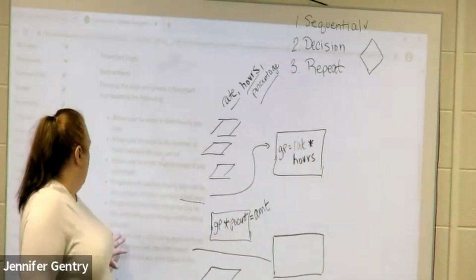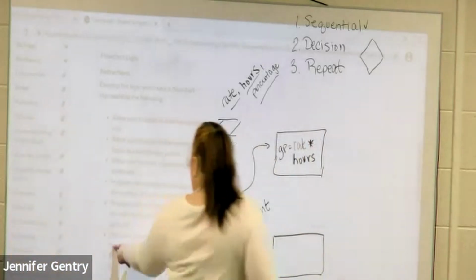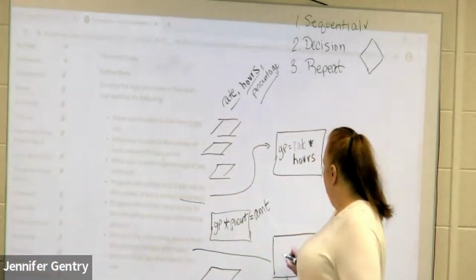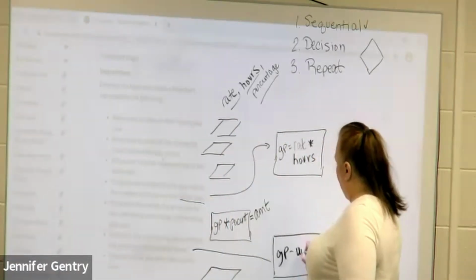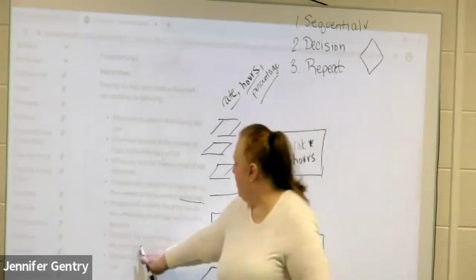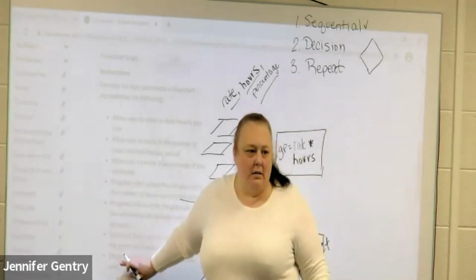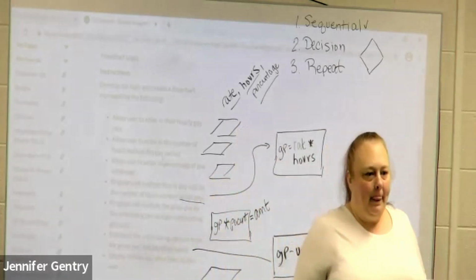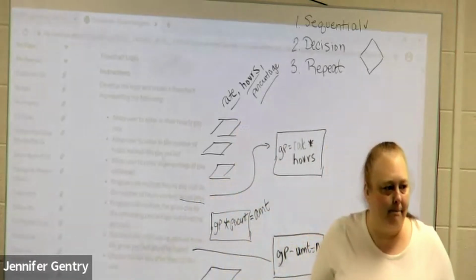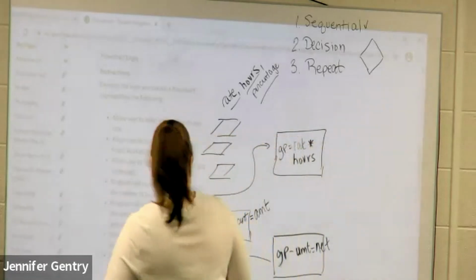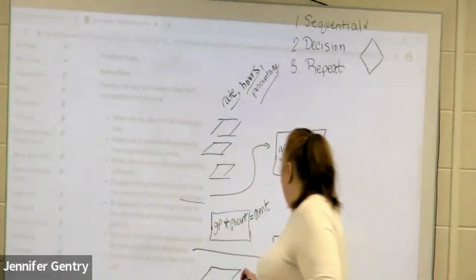Subtract the withholding amount from the gross pay, minus my withholding amount is equal to net. It's exactly what the sentence told me. Yeah? Make sense? Display net.